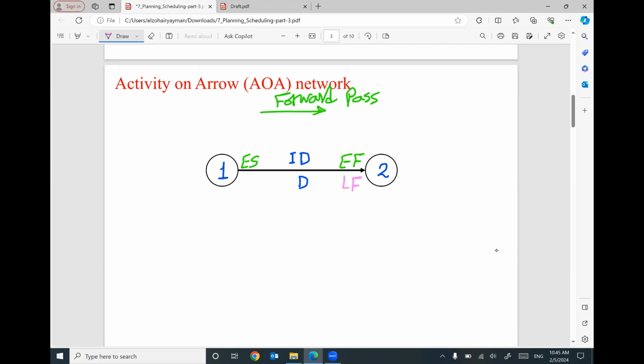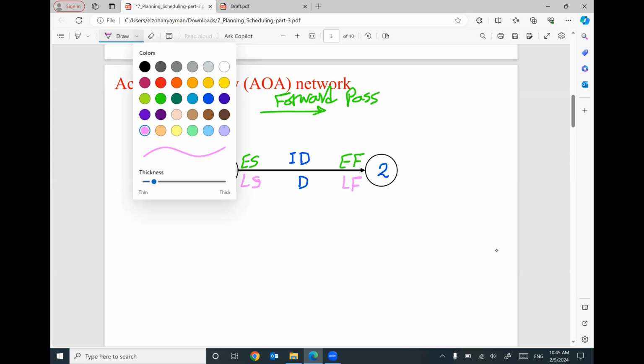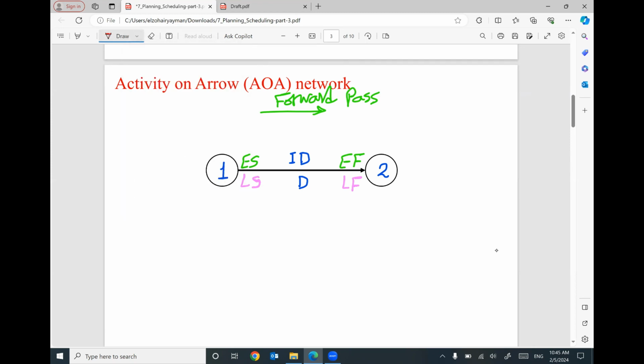If you subtract late finish minus duration, you can figure out the late start. Keep in your mind the difference between late start and early start, or late finish and early finish. That can tell you what is the total float for this activity. That makes sense? This is if you would like to move backward.